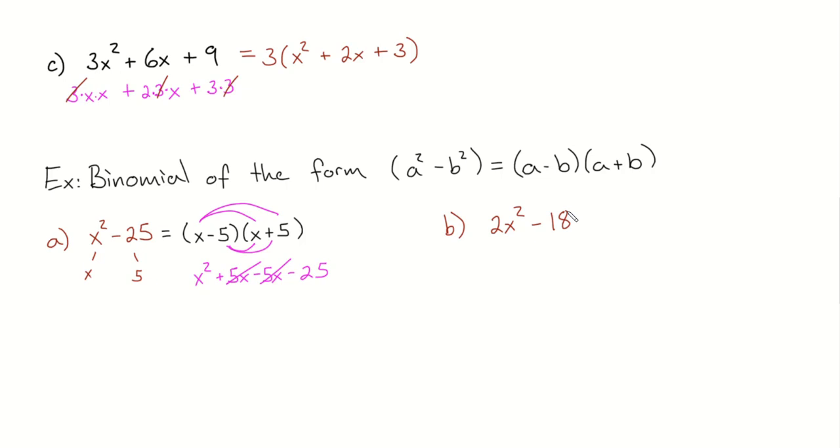What type of expression is that? I want you to write out the formula every time, a minus b times a plus b, where a is x. Good, so x minus 3, and then one more.